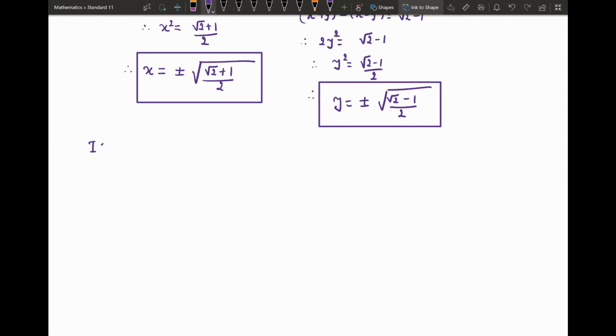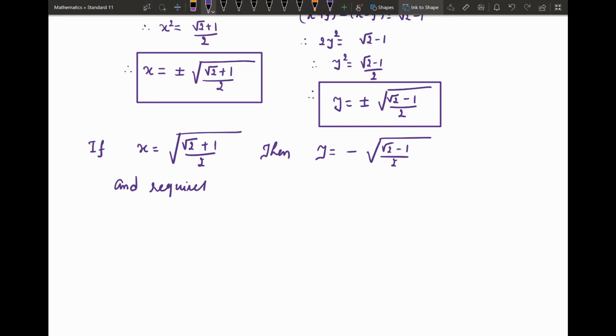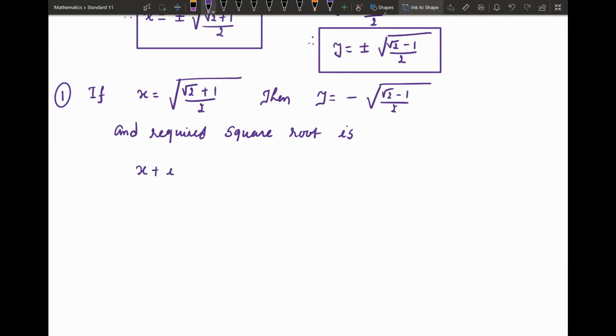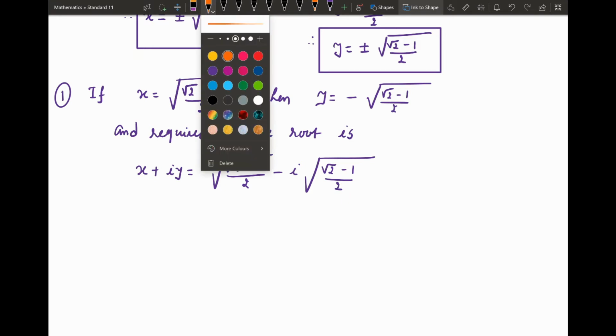So if x equals under root (root 2 plus 1) upon 2, then y equals minus under root (root 2 minus 1) by 2, and the required square root is x plus iy equals under root (root 2 plus 1) upon 2, y is negative, so minus i into under root (root 2 minus 1) by 2. So this is the first possible square root.